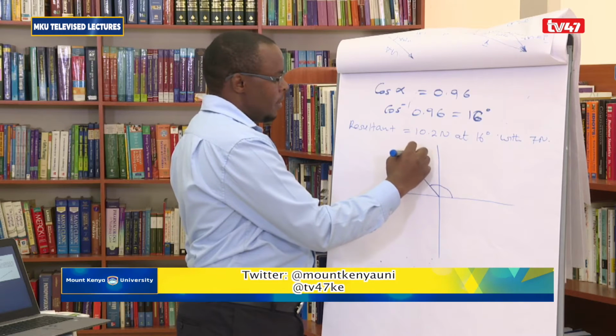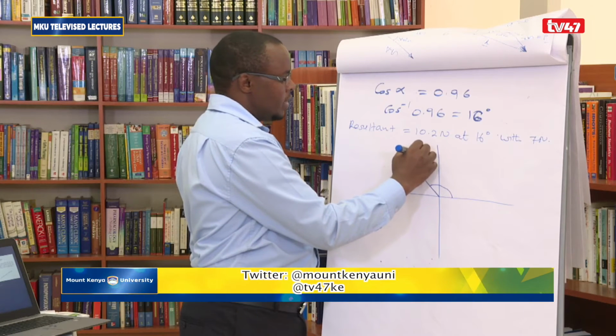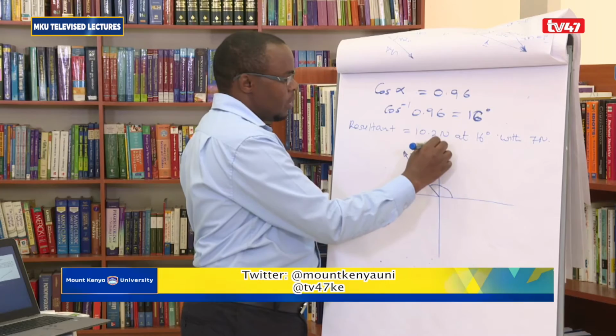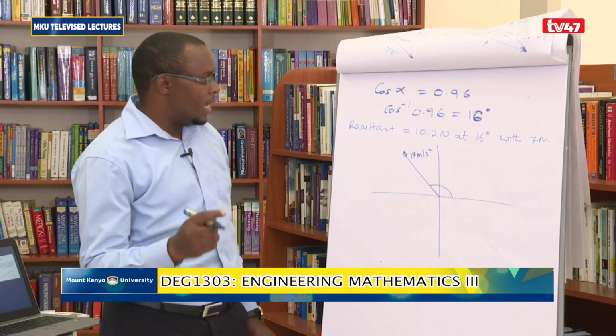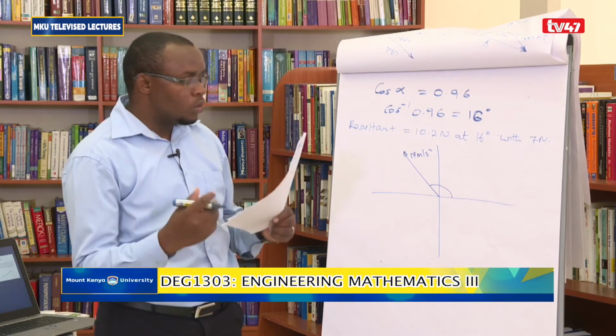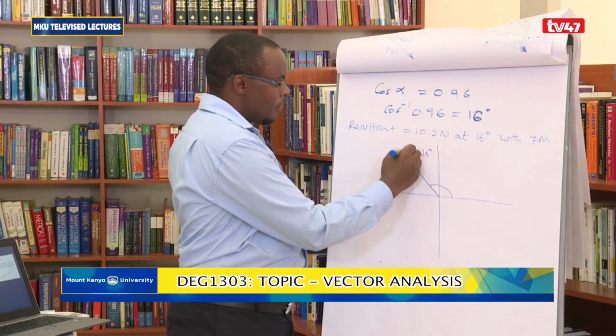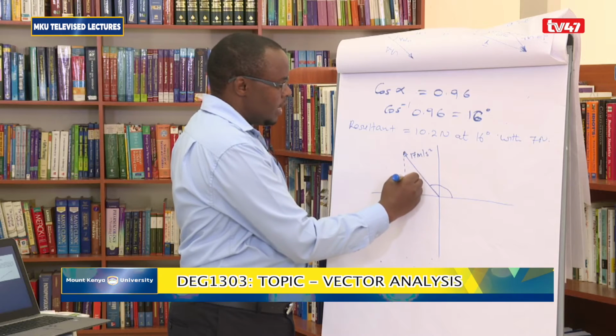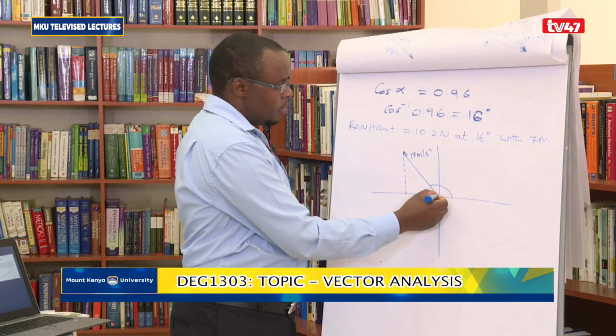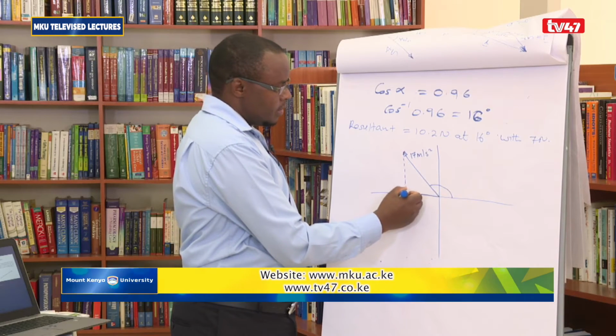So this is our acceleration, 17 meters per second squared. You are going to resolve that into horizontal and vertical components: the vertical component is this, and the horizontal component is this.